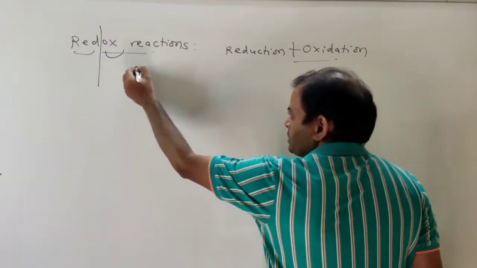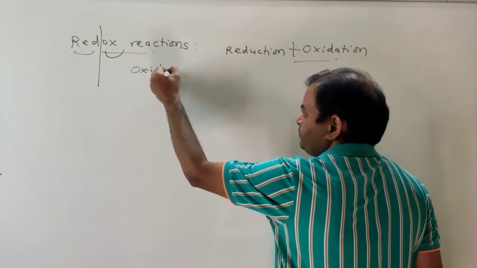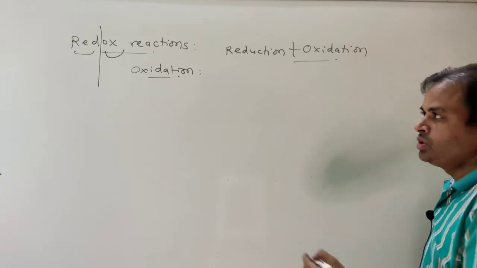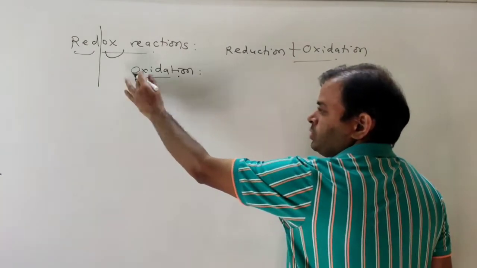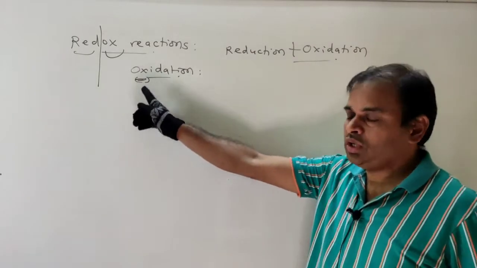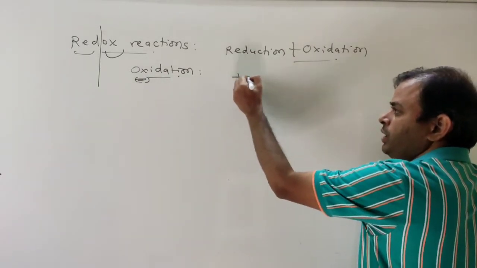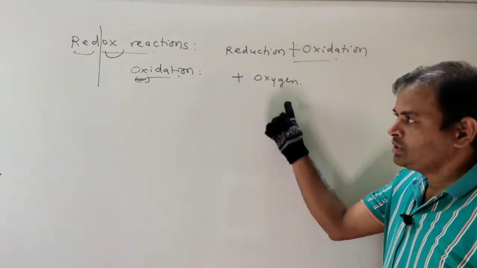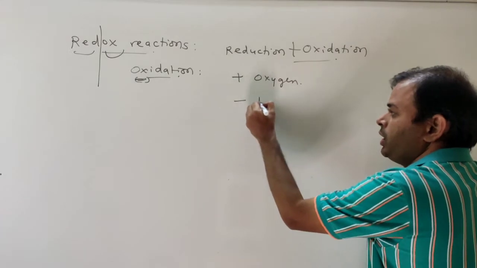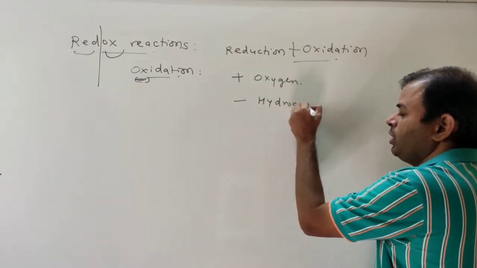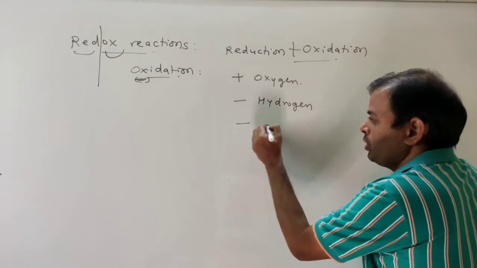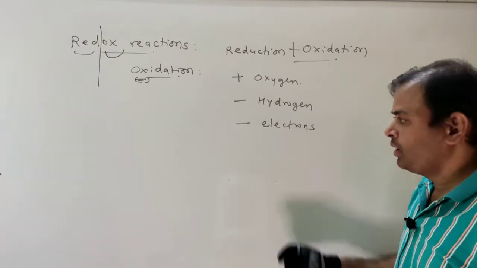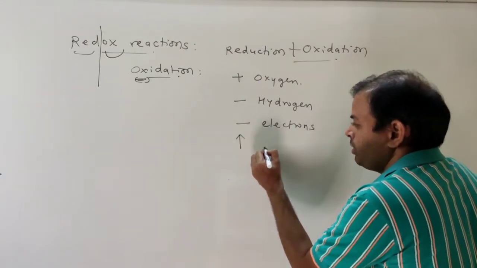Let us discuss one by one. Oxidation and reduction. So what is oxidation? The name itself has the meaning: oxidation, addition of oxygen. Addition of oxygen is called oxidation, or removal of hydrogen, or removal of electrons, or increase in oxidation state.